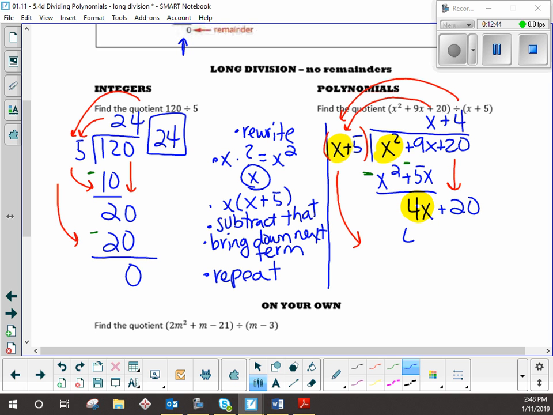Yep, 4x plus 20. And what am I doing with those things? Subtracting. Which ones do I subtract? Both. That's right. I change the sign on both of them. And what's my remainder? That's gone. That's gone. 0. What's my answer? Good. X plus 4.